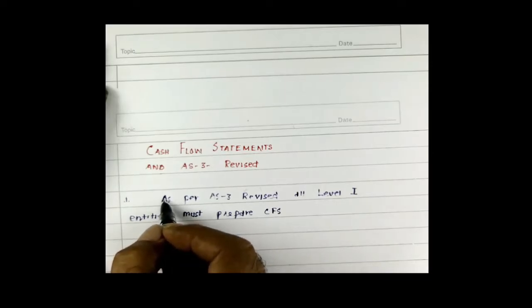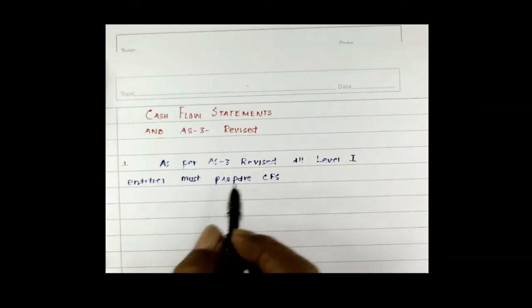As per AS3 revised, all level 1 entities must prepare cash flow statement, correct?